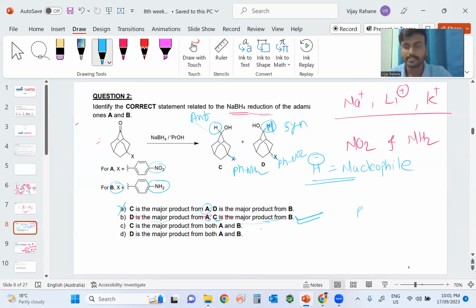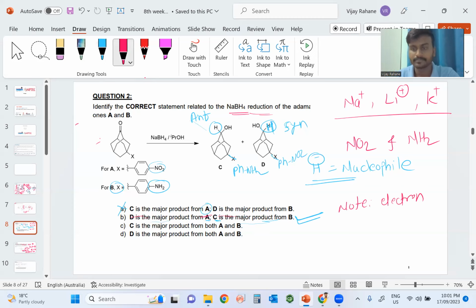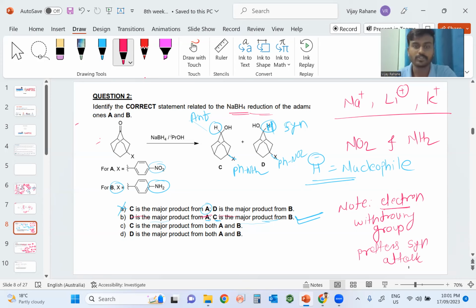So you have to keep this noted. Any electron withdrawing group prefers the syn attack. Particularly in such systems, always remember this side. If you remember this one, obviously you apply the opposite concept for the other.